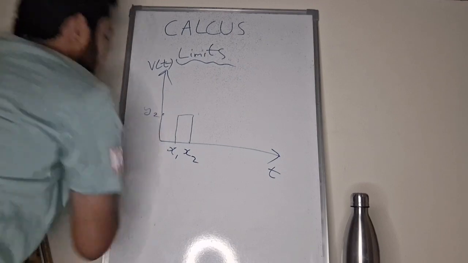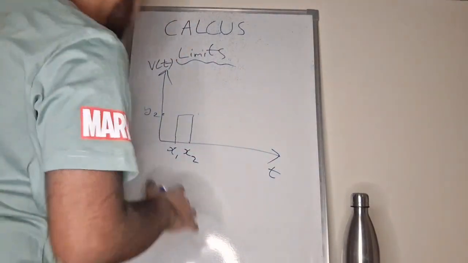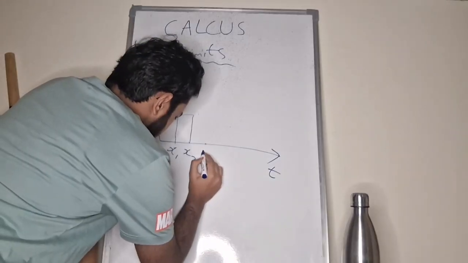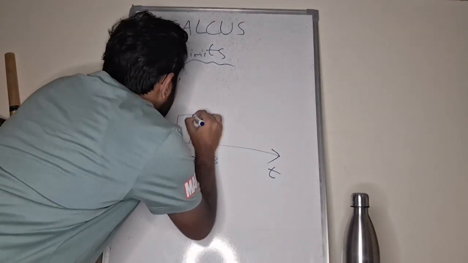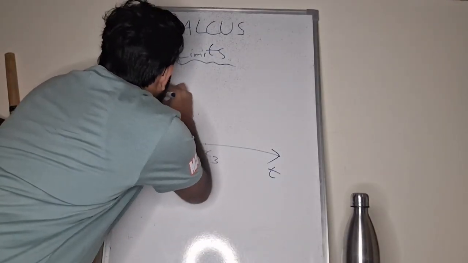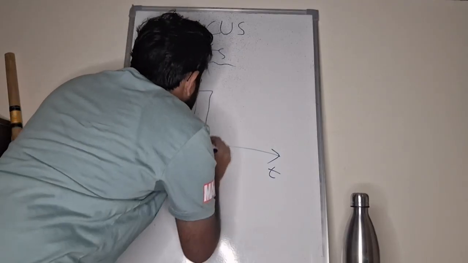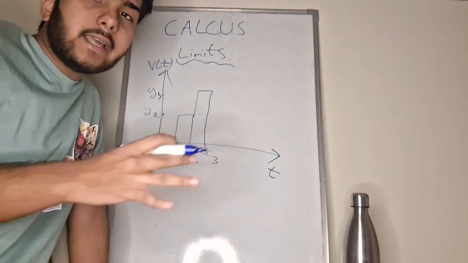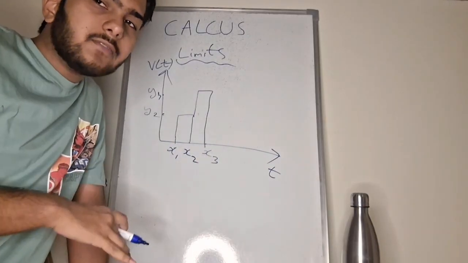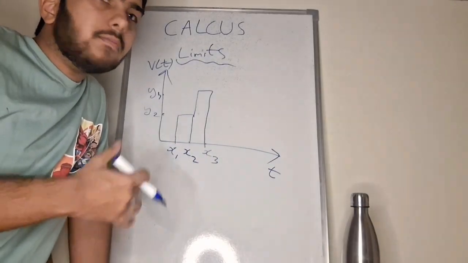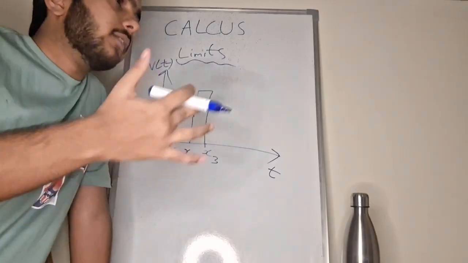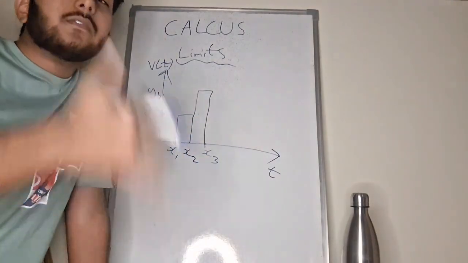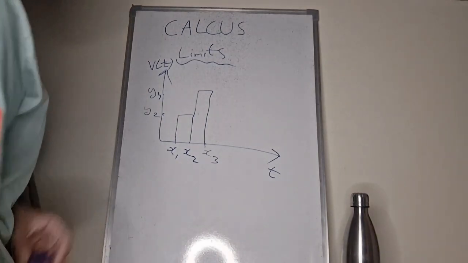This is y2. Then it suddenly jumps at time x3, the velocity jumps to y3. This is the same thing as the speed of the car which we discussed earlier, magically turning 45 without going through 40.001 or whatever.